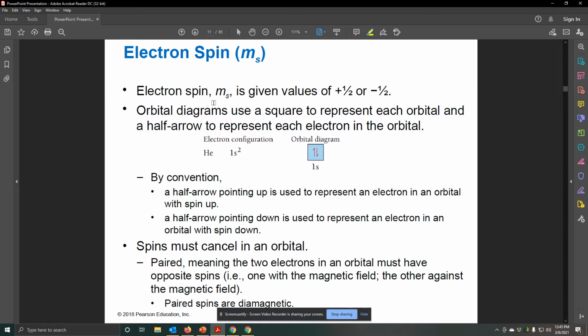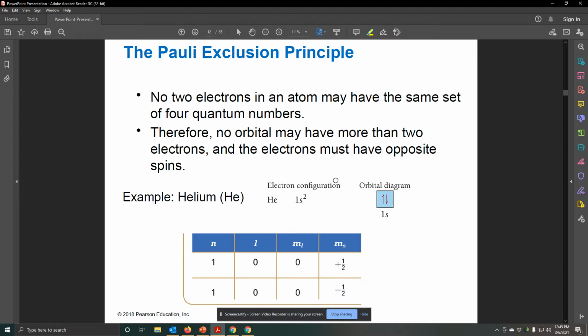So if we did it as the orbital diagram, you're just going to have 1 box here. Having them go in opposite directions is called the Pauli exclusion principle. The Pauli exclusion principle says that no 2 electrons in an atom may have the same set of 4 quantum numbers.